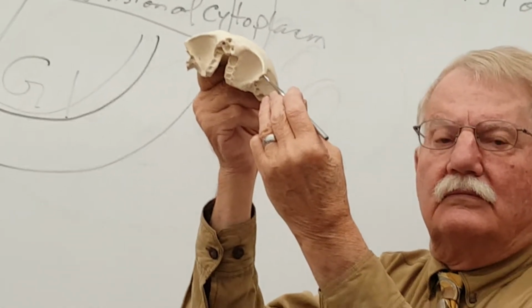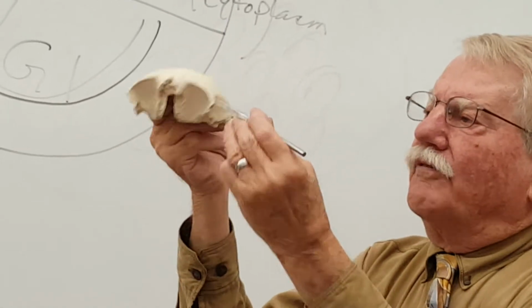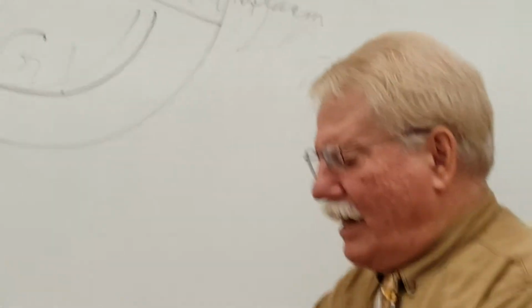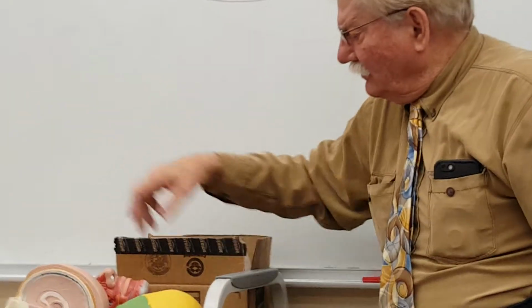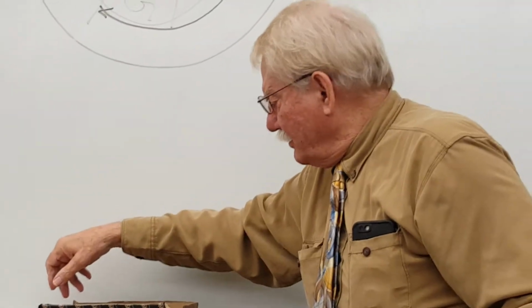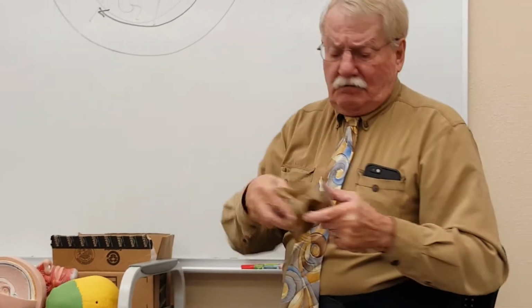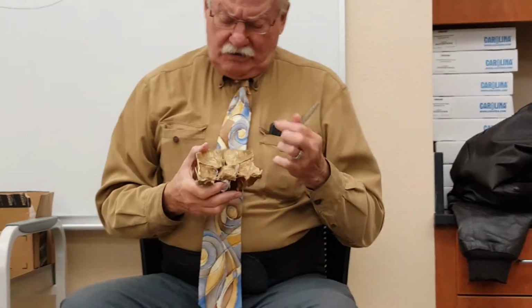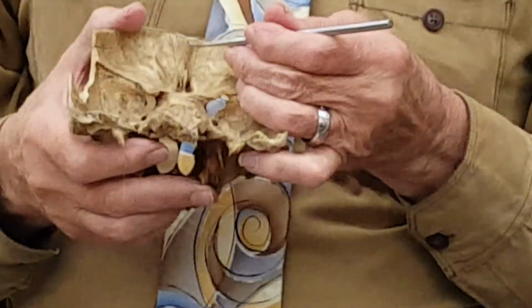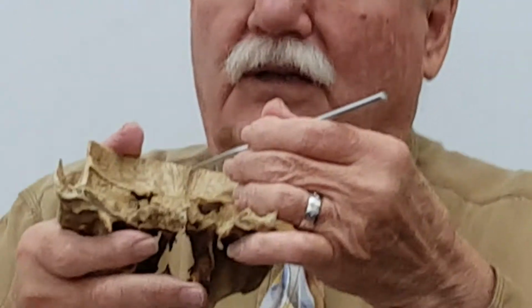And frontal crest or spine. The frontal crest is on the inside, and where do we see it best? Yeah, it shows up nicely on here. Rather pronounced little ridge there.